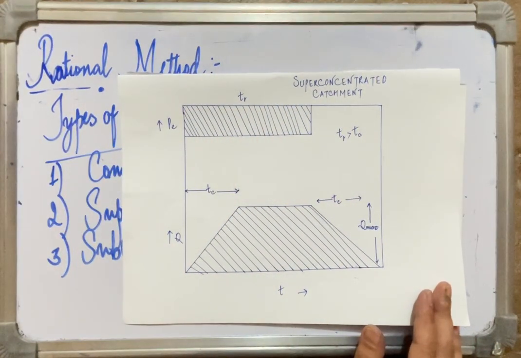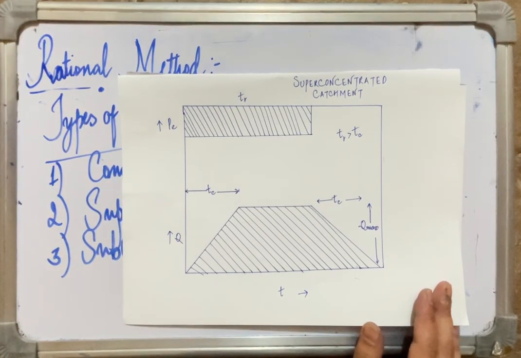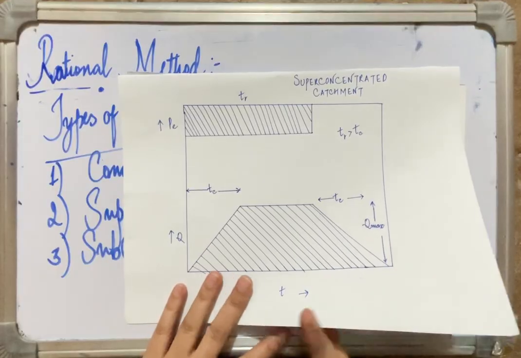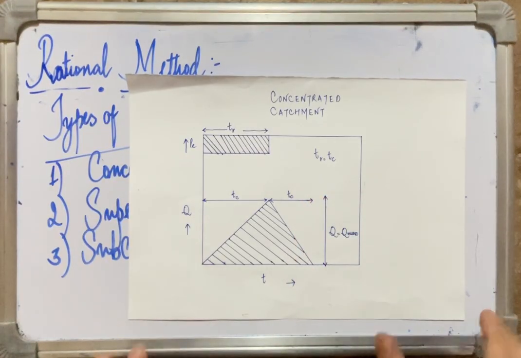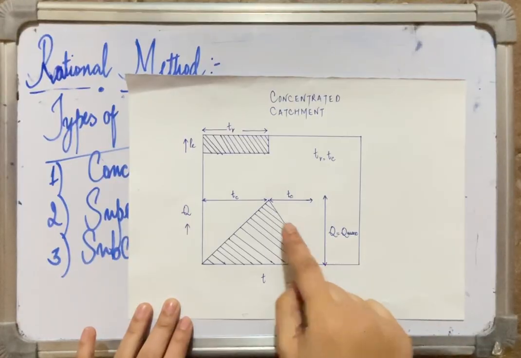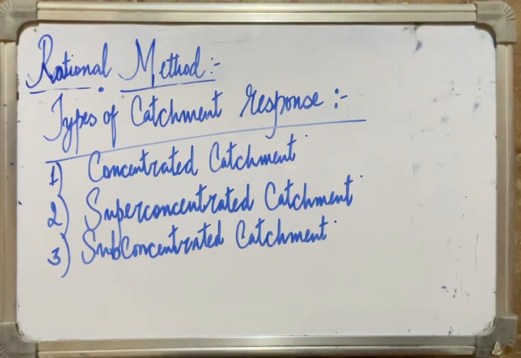In the super concentrated catchment, we have rainfall duration which exceeds the time of concentration of that particular catchment. And in the concentrated catchment response, we have them equal. The rainfall duration is equal to the time of concentration. So this is discharge and this is the maximum discharge over here. So this was about the types of catchment responses.